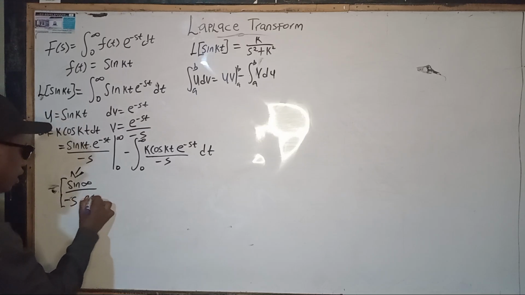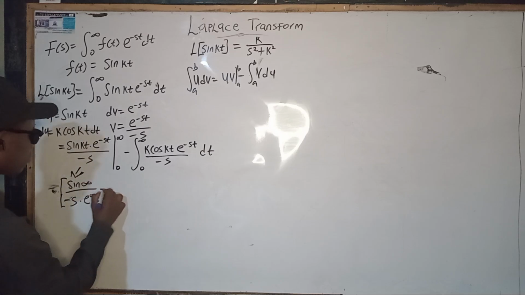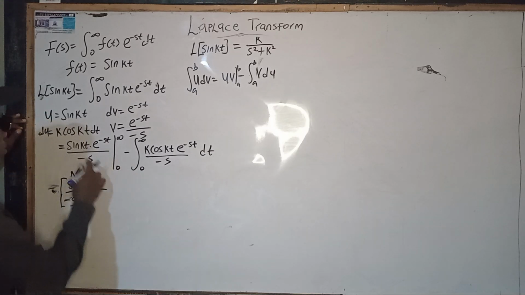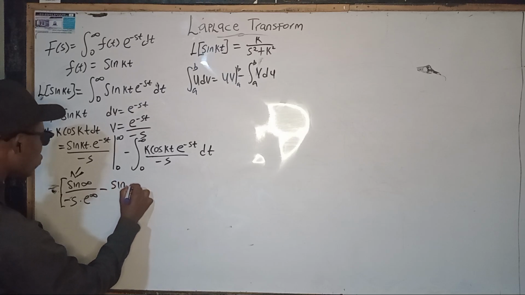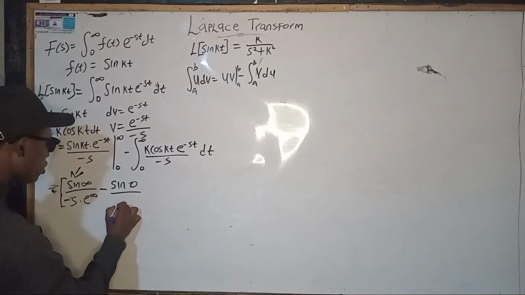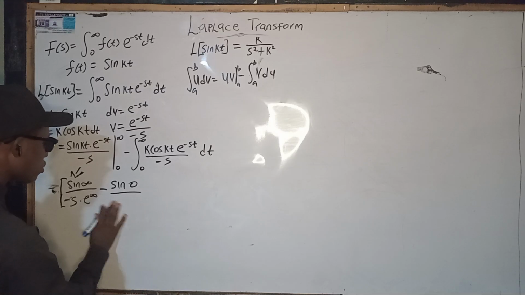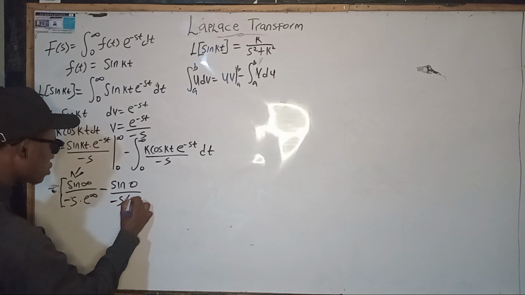Then minus, putting in 0, sine 0 over e raised to the power 0 with minus s.